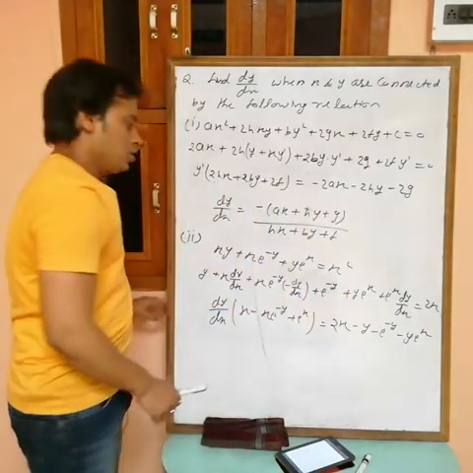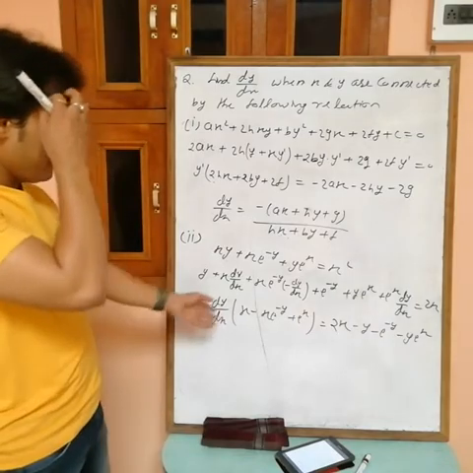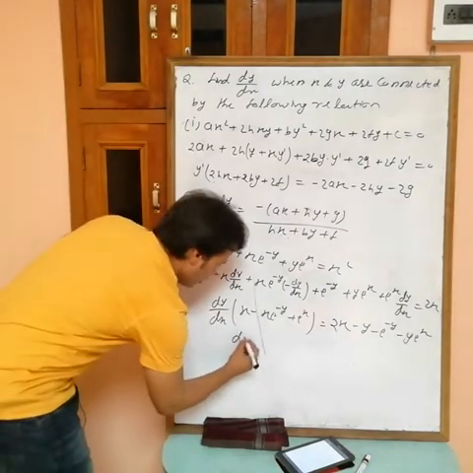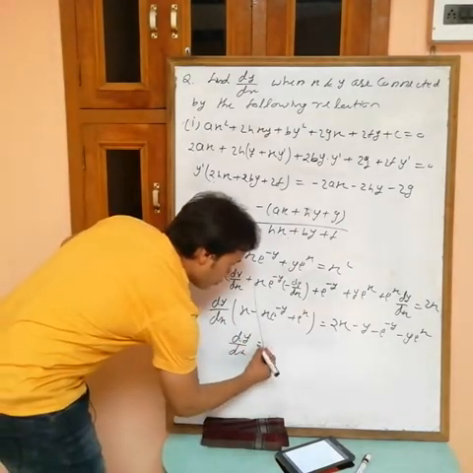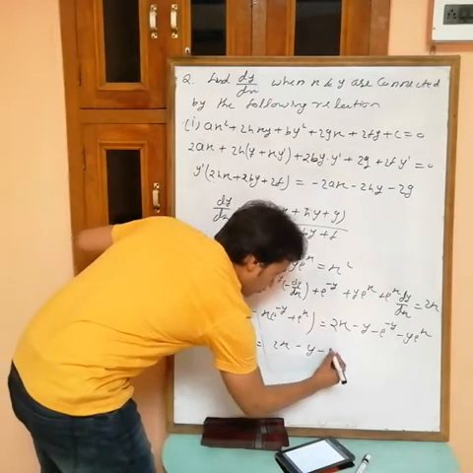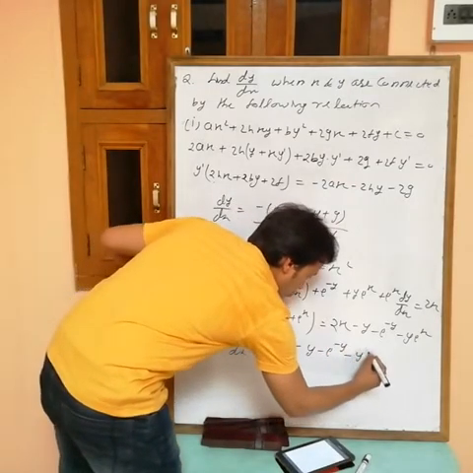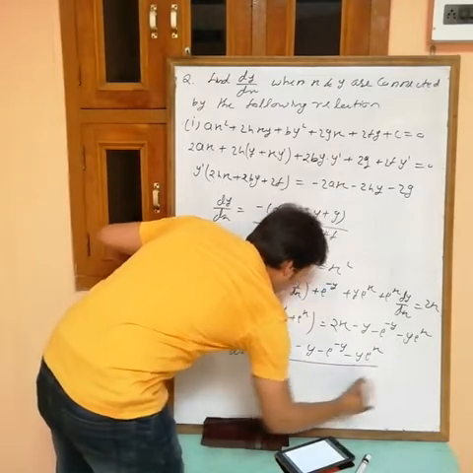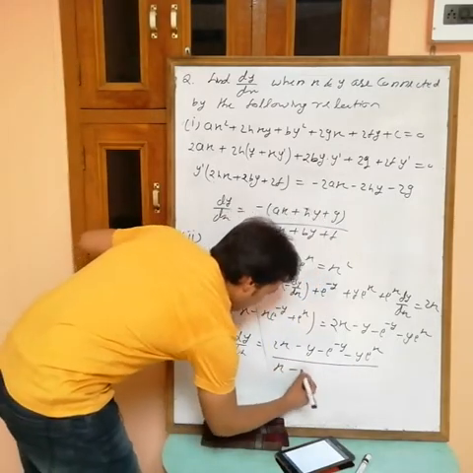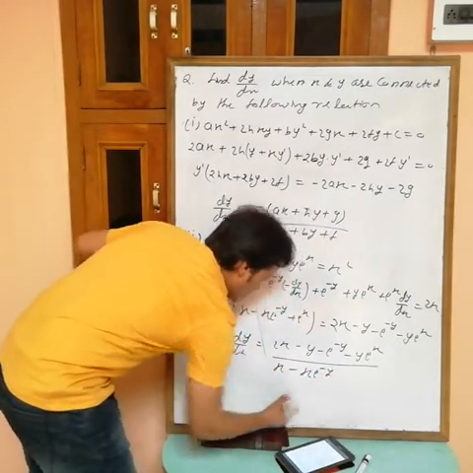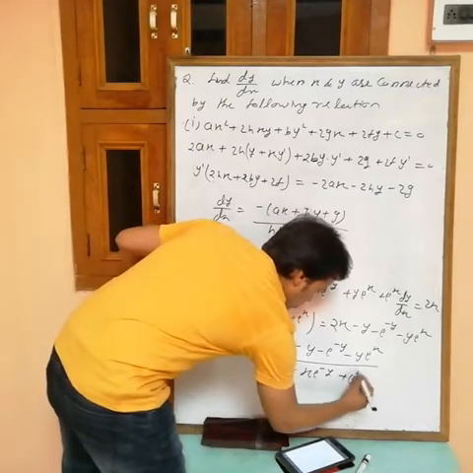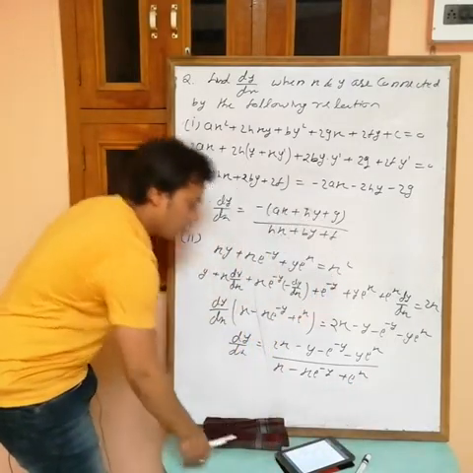Okay, so now divide with this one. dy by dx is equal to 2x minus y minus e power minus y e power x, divided by x minus x e power minus y plus e power x. Okay, write it down.